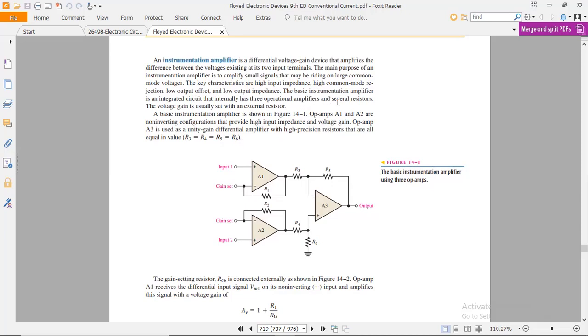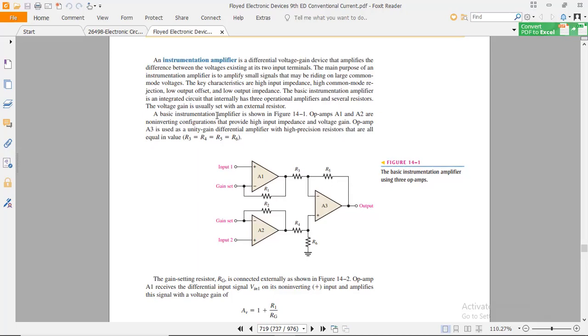The basic instrumentation amplifier is an integrated circuit that internally has three operational amplifiers. So you can see in this figure these are the three main operational amplifiers, and several resistors are also connected.